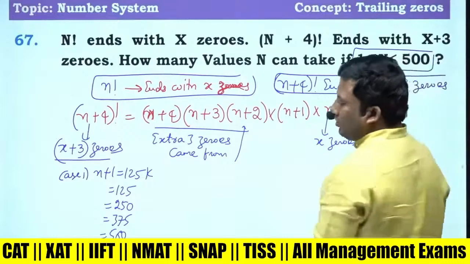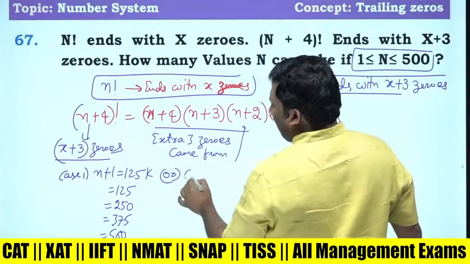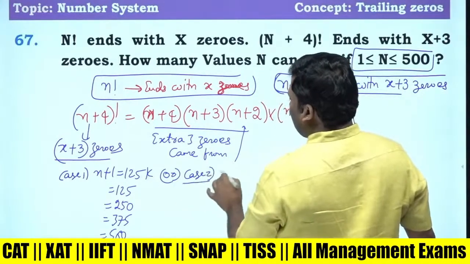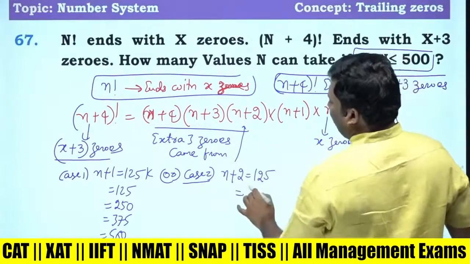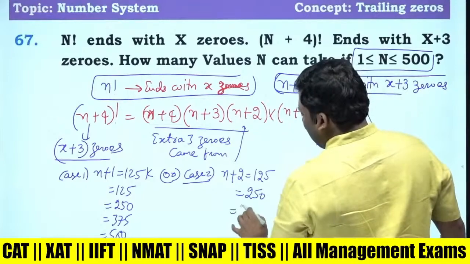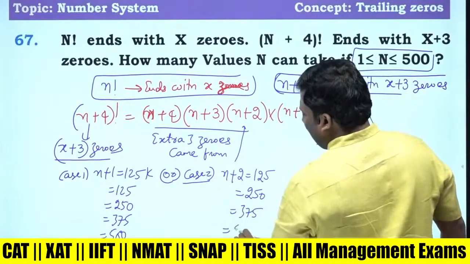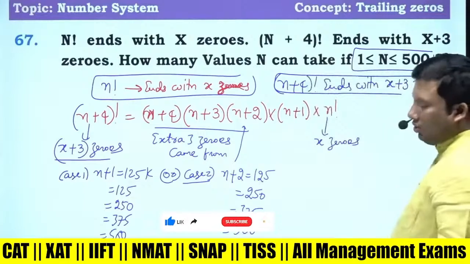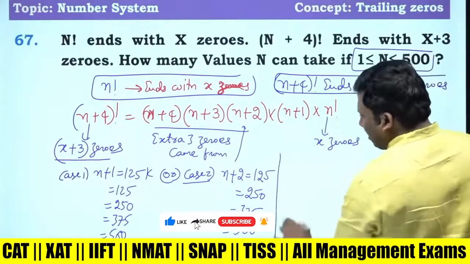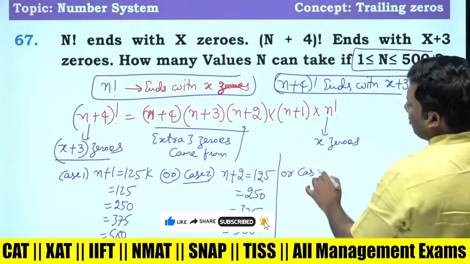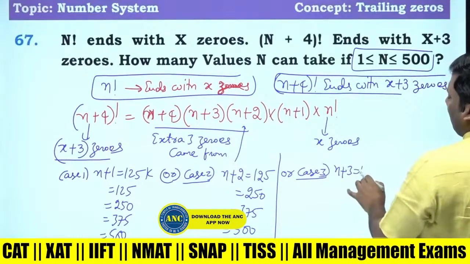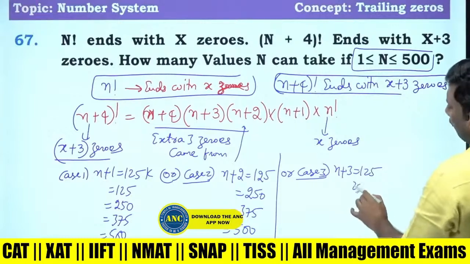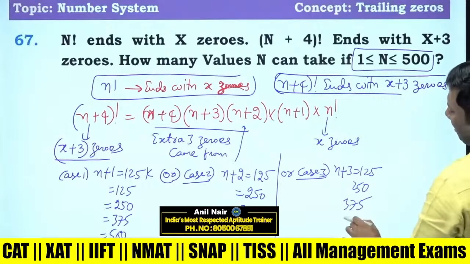Possible. Case 1. Or the 3 zeros can come because of n plus 2 also. It can be 125, 250, 375, 500. Yes or no? N value can be 498. Or the 3 zeros can come from any one out of the 4 options. N plus 3 can be 125, 250, 375, 500.